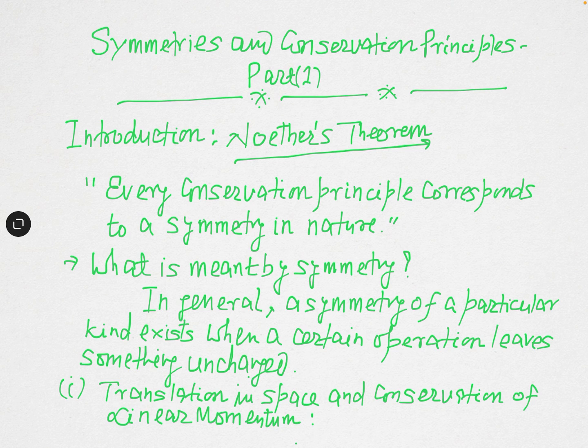Noether showed that the invariance of the description of nature to translations in space has a consequence: the conservation of linear momentum. So this symmetry, translation in space, leads to the conservation of linear momentum.